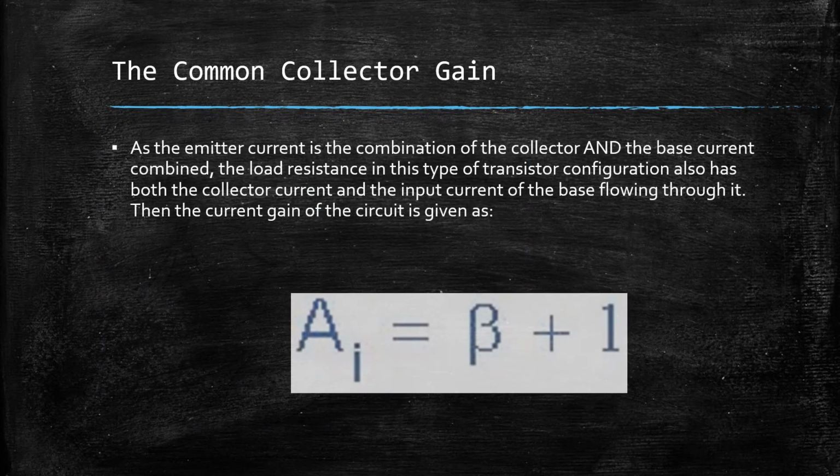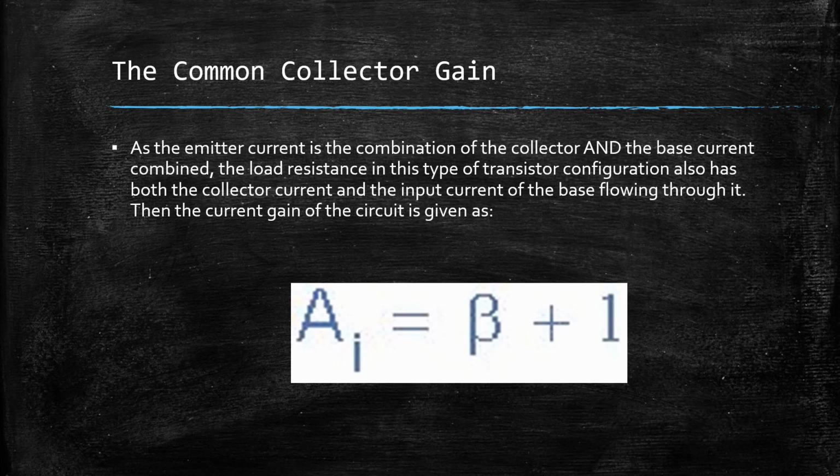As the emitter current is the combination of the collector and the base current combined, the load resistance in this type of transistor configuration also has both the collector current and the input current of the base flowing through it. Then the current gain of the circuit is given as AI equals beta plus 1.